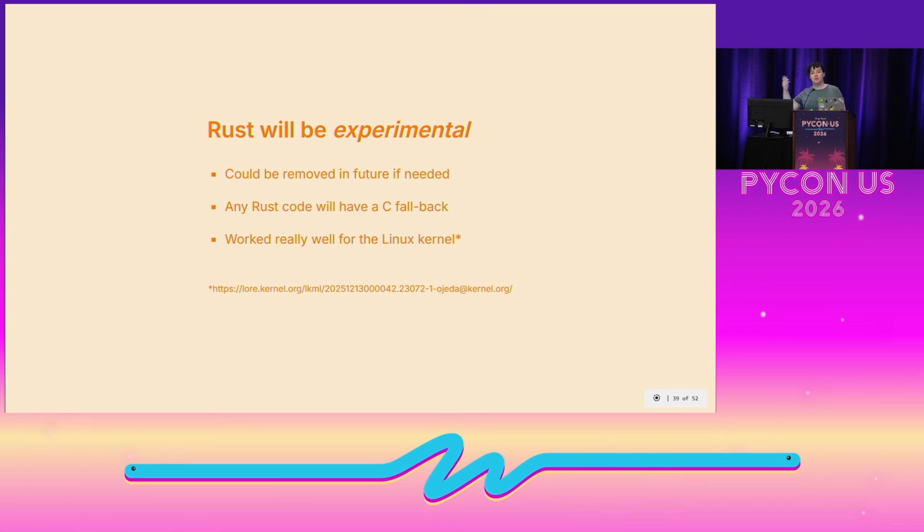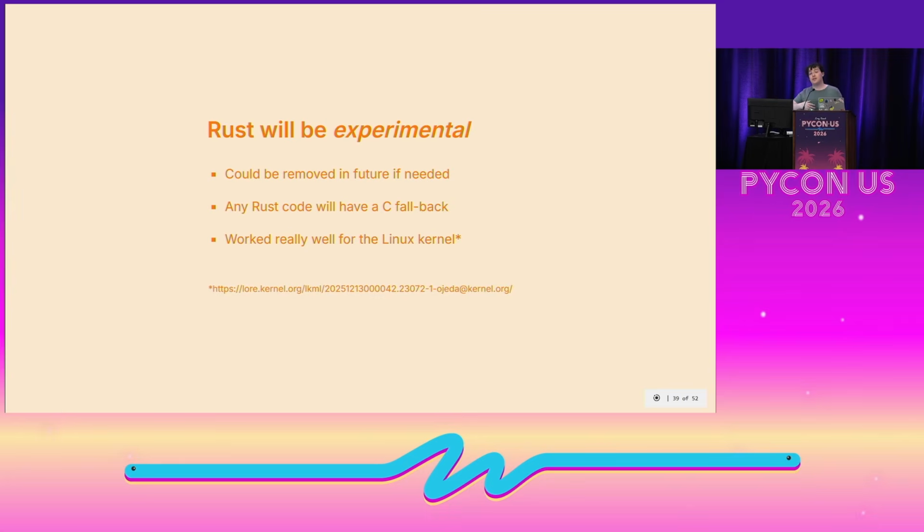We don't want to introduce Rust and then find out that 1 million users are using it on a platform Rust doesn't work with. And so if that is the case, or if there's some other concern, we can always remove it. And this worked really well for the Linux kernel, where Rust was an experiment for a number of years.